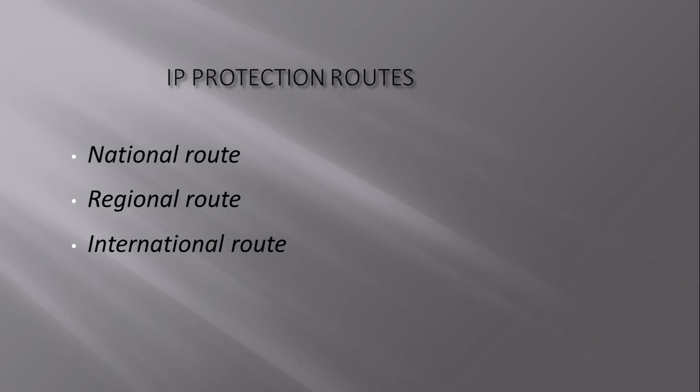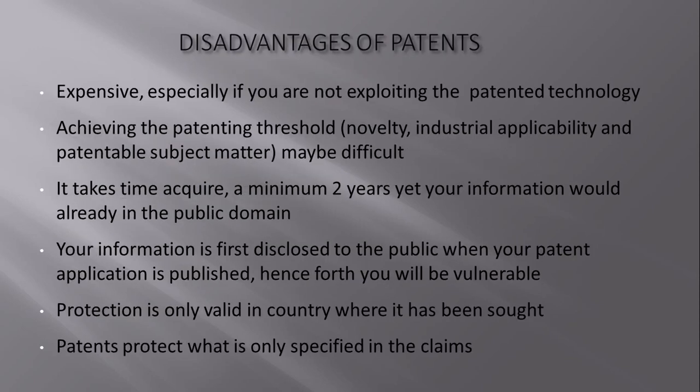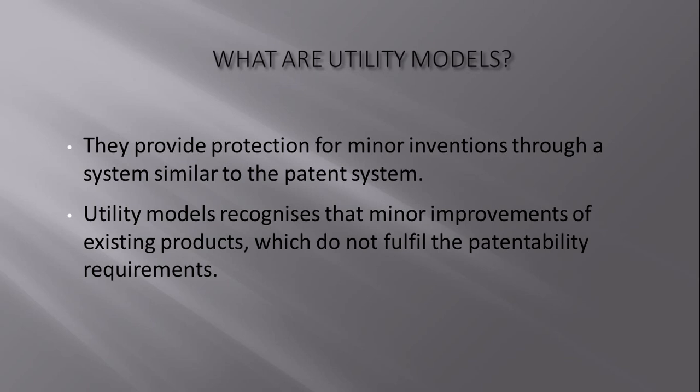Basically there are three routes: the national route, which is governed by the national laws of each country; the regional route, which is governed by regional IP agreements; and the international route, which is governed by what? By the international IP agreements. Then we talked about the advantages of patents and their disadvantages. Now we want to look at an alternative to the patent system.